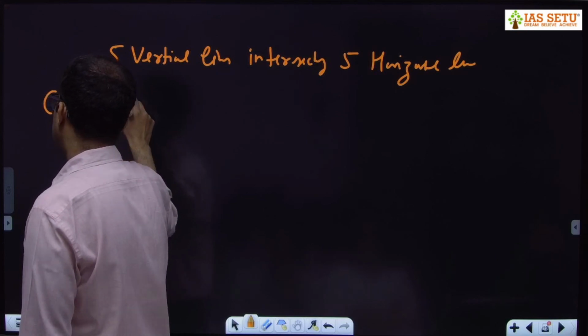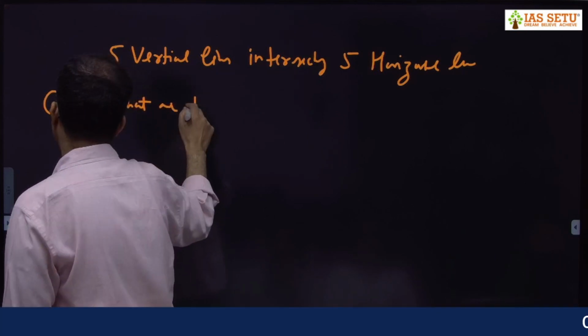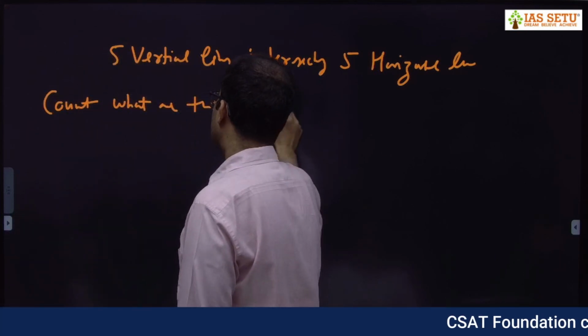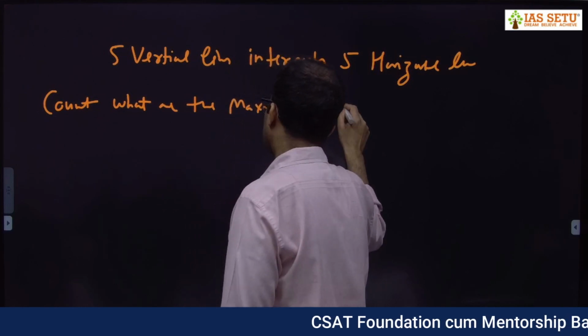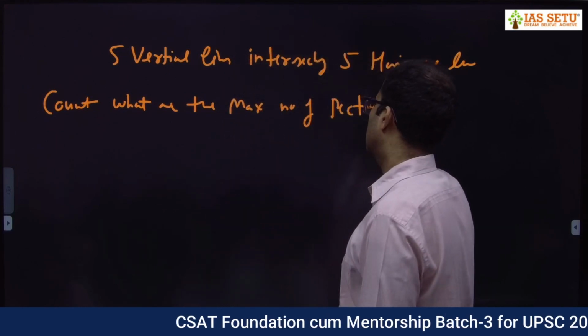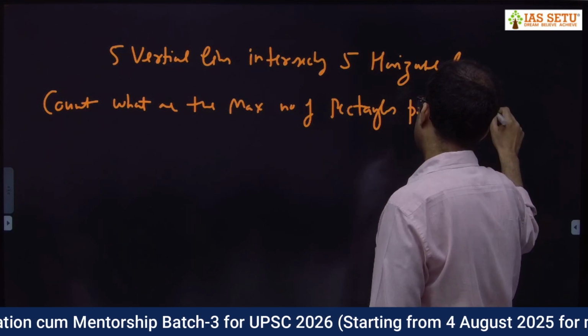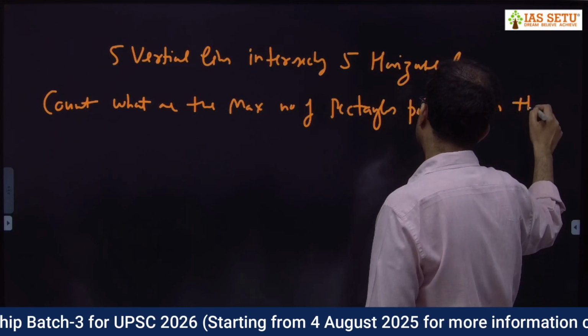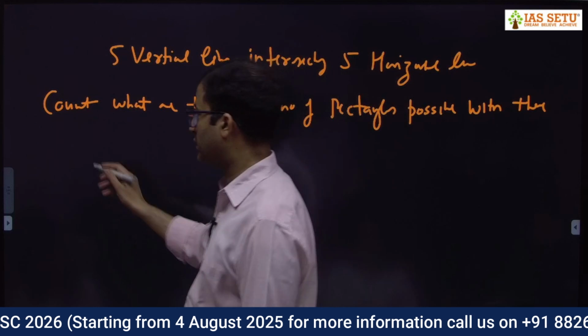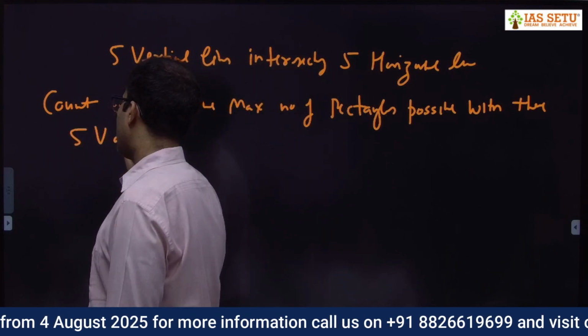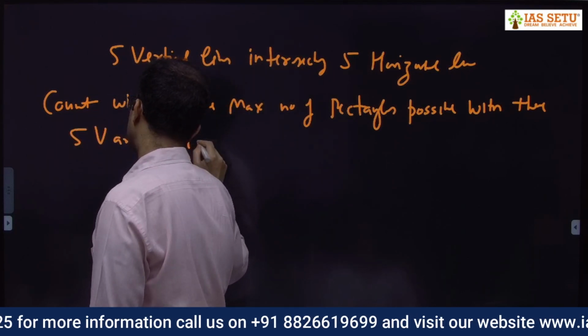Count what are the maximum number of rectangles possible with these 5 vertical and 5 horizontal lines.